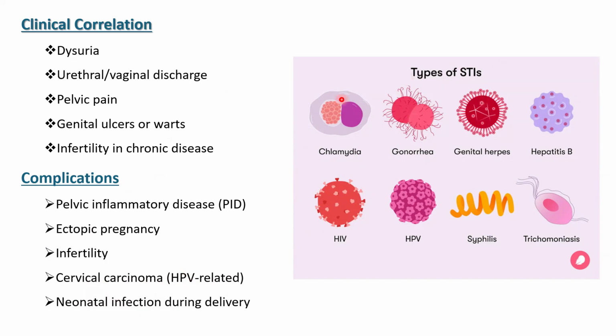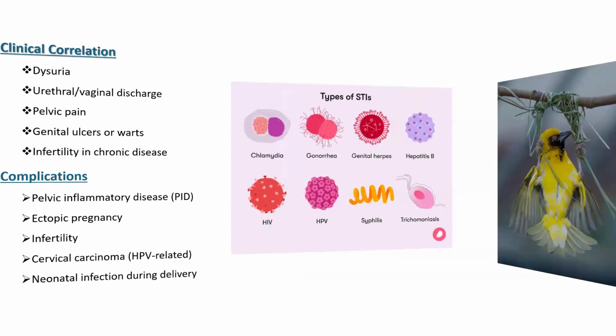So types of STIs, you can see them here: chlamydia, gonorrhea, genital herpes, hepatitis B, HIV, HPV, syphilis, trichomoniasis. All these are types of STIs.